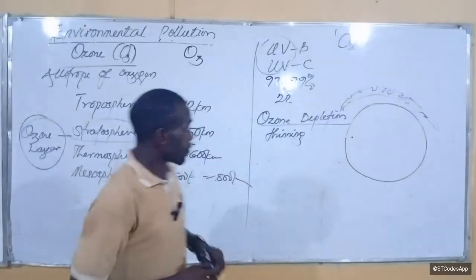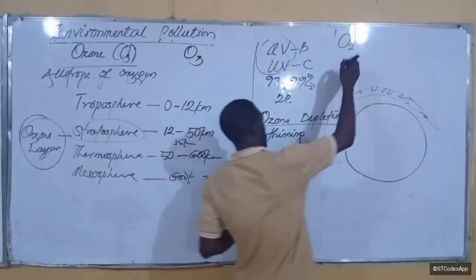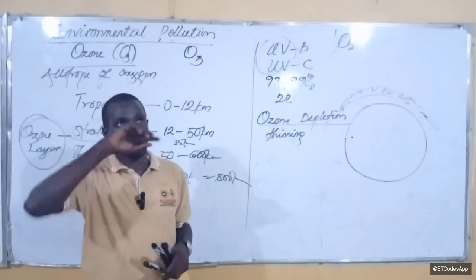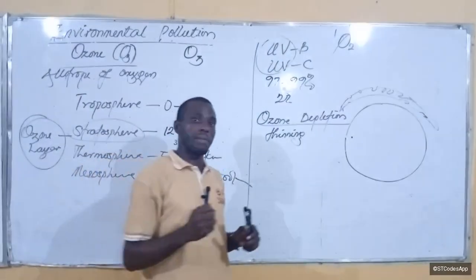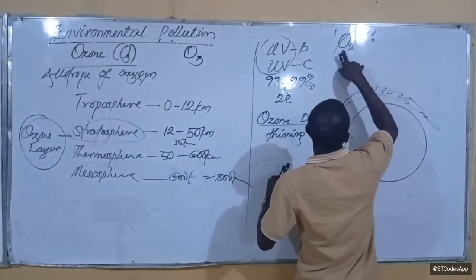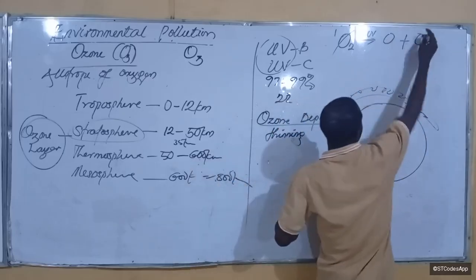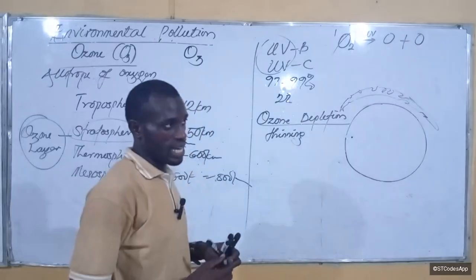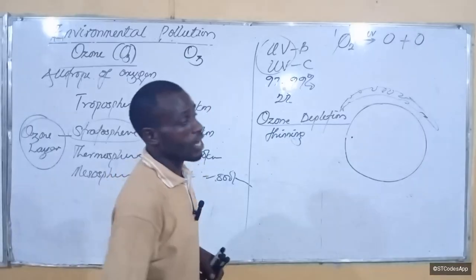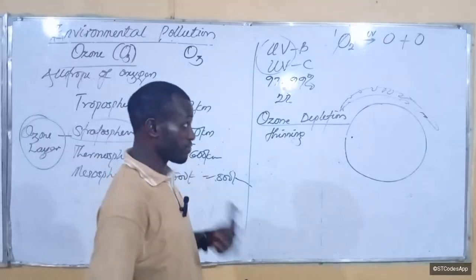Now what happens is that the very small percentage of the UV that still gets there is able to break the O2 bond. UV causes O2 to break up into O and O. These are radicals or radical-like in function, because they are very reactive.